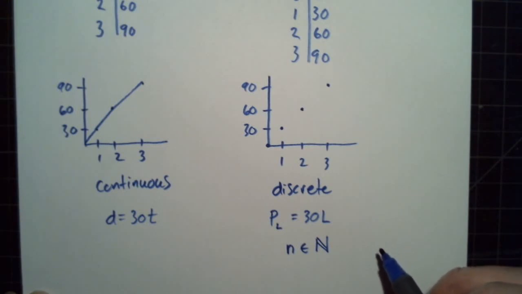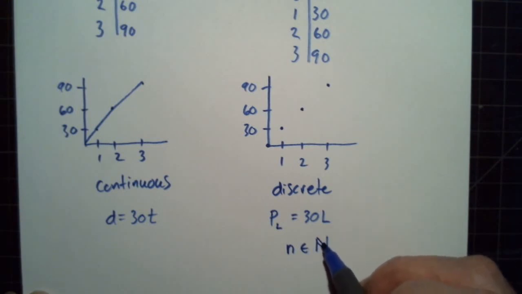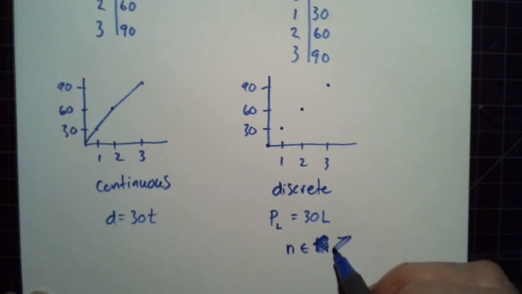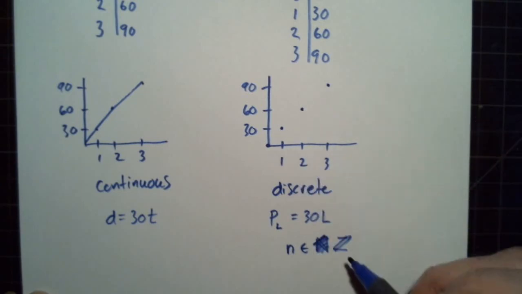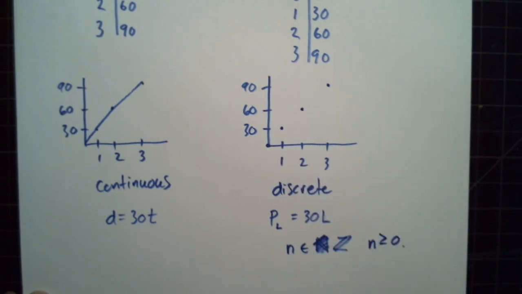Well, I guess I should say n is an integer, because I included 0, so I'll say n is an integer and n is greater than or equal to 0.